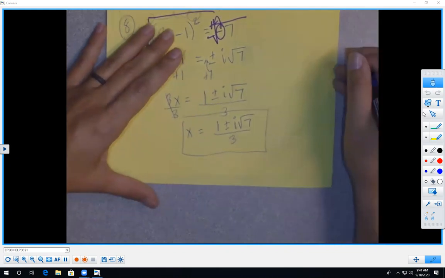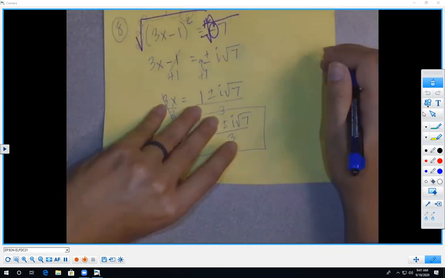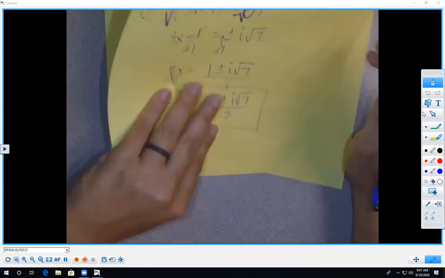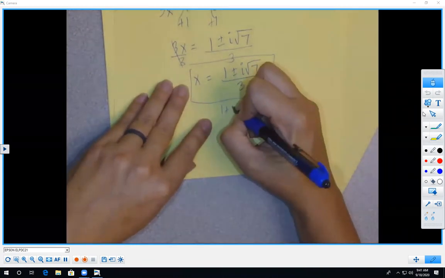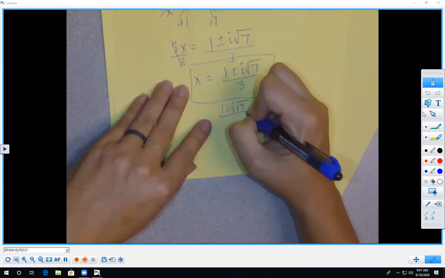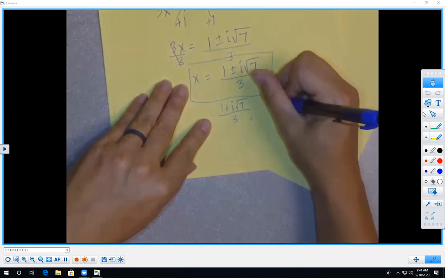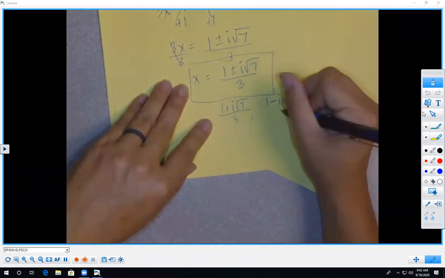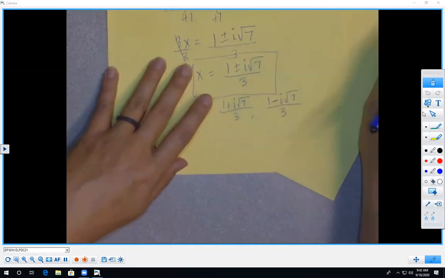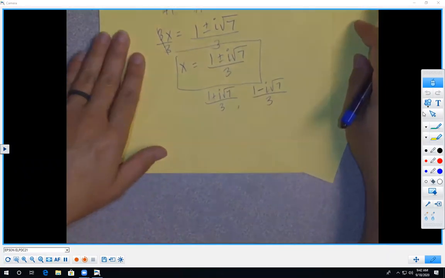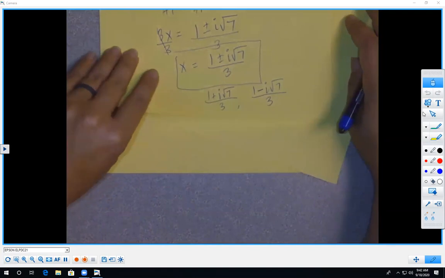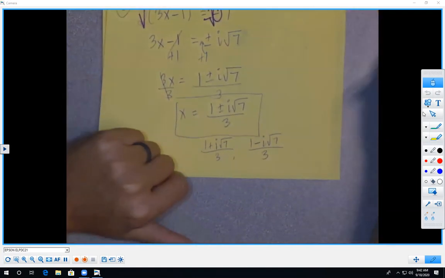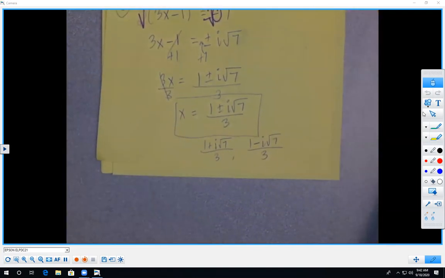What are my two answers there? There you go. 1 plus i times the square root of 7 divided by 3, and 1 minus i times the square root of 7 divided by 3. Okay, questions about that at all?